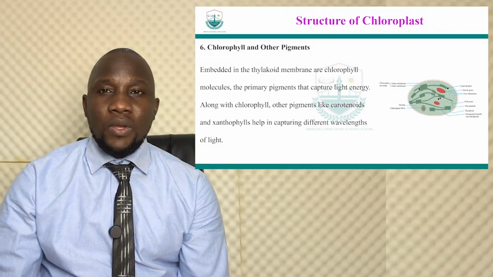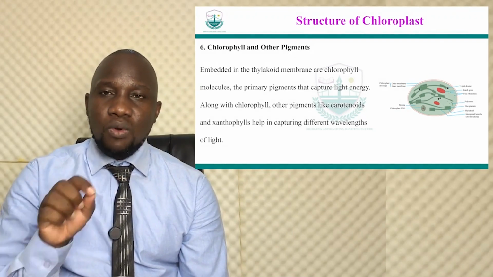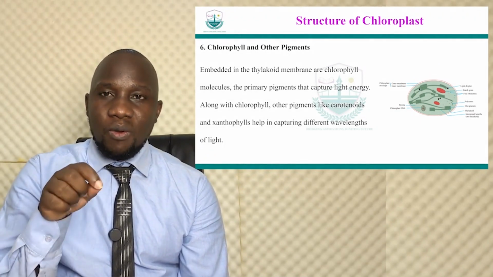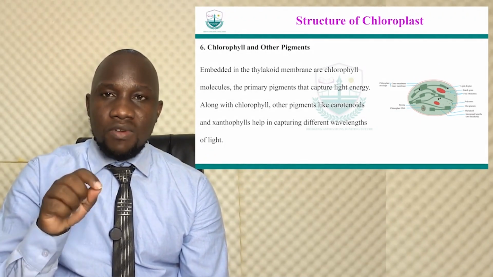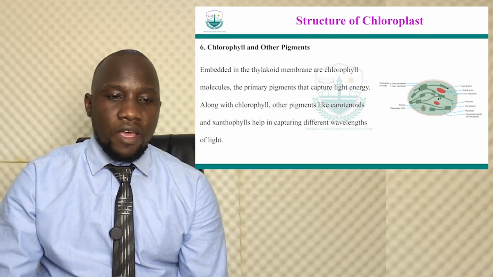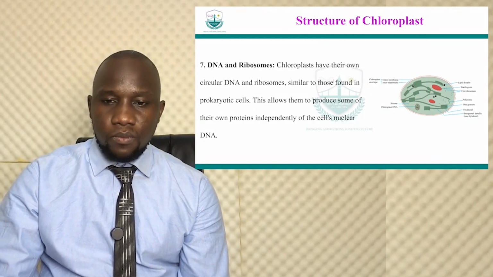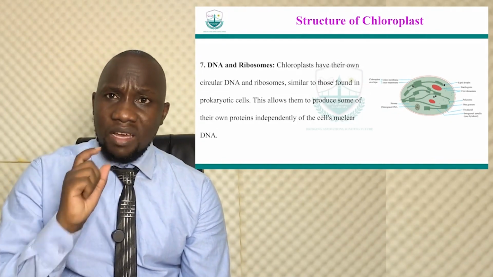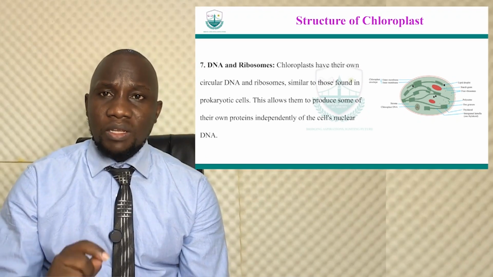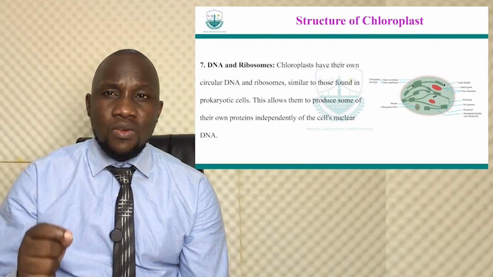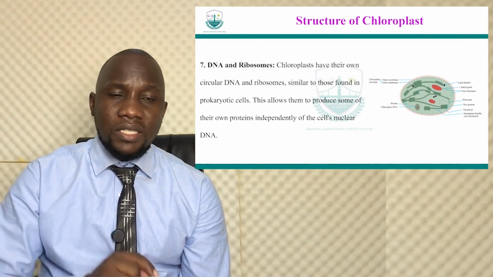Okay, so we are saying that it is within the membranes of the thylakoid that we find the chlorophyll, which captures the sunlight. Okay, and then we said that within the stroma you have a number of organelles, and we can talk about the functions of these different organelles or structures within the chloroplast.